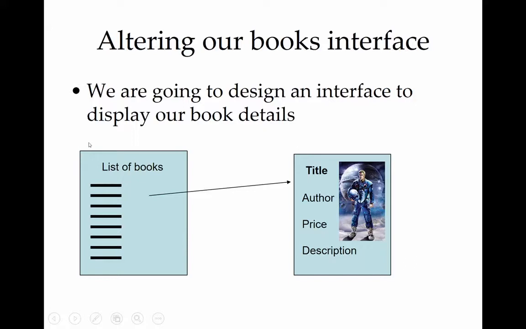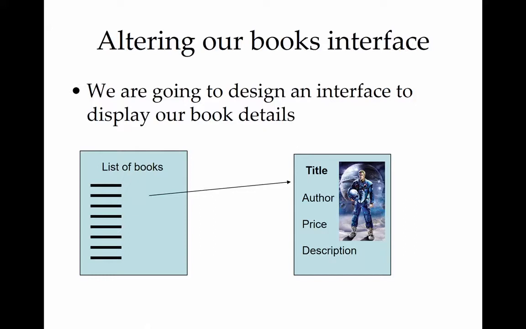So we want one PHP page that will just use the code I've shown you a few weeks ago, that gives you all the books. We just run the SQL query, select star from books, and it gives us all the books.